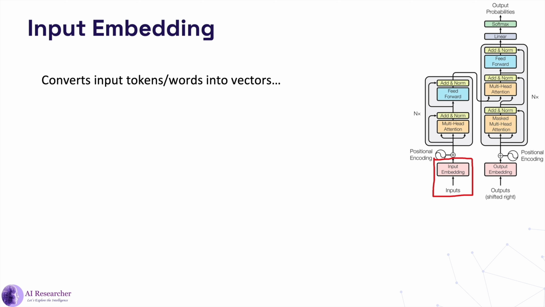It maps each word into a high dimensional space where similar words are closer to each other. It transforms input tokens, such as words in text, into vectors of fixed size. Let's take an example. Suppose the sentence is sunset over the ocean.